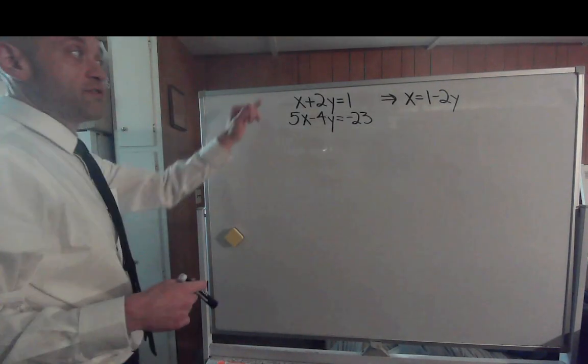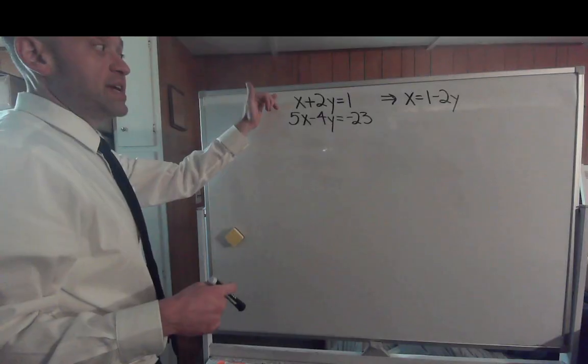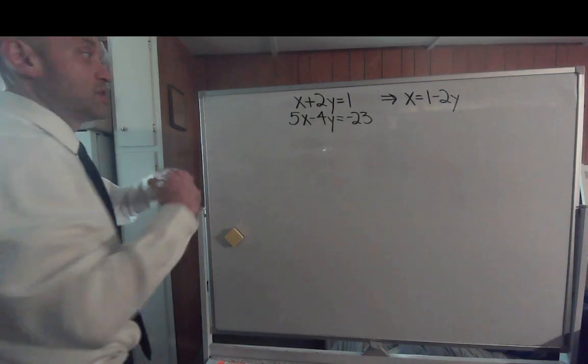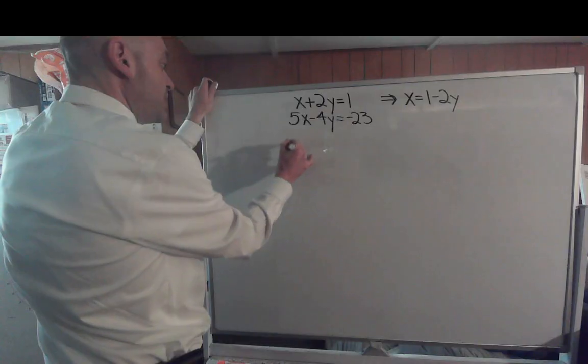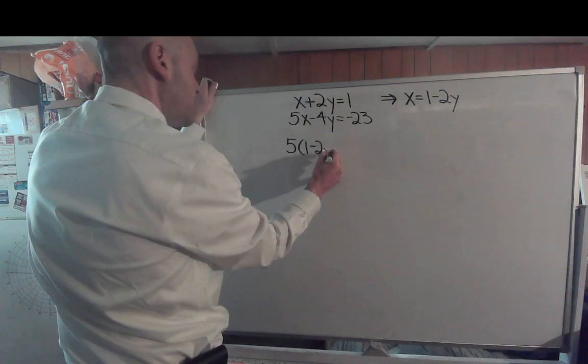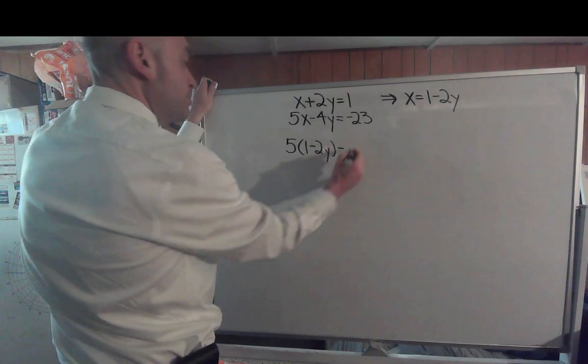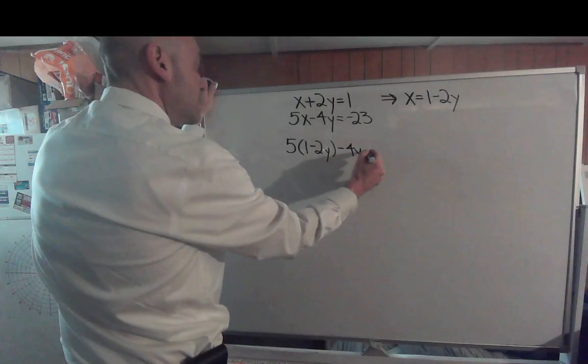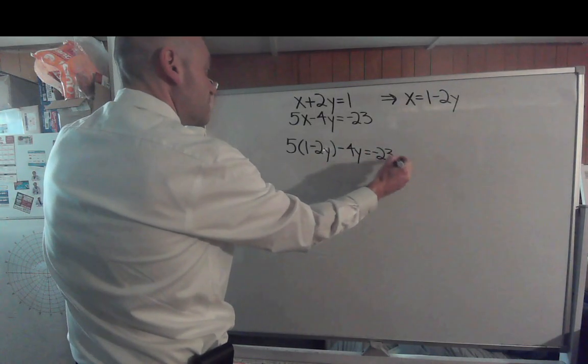Now we derived it from the first equation, so we got to take that and stick it in the second equation. So this would be 5 times that value of x, which was 1 minus 2y. All that minus 4y equals negative 23.